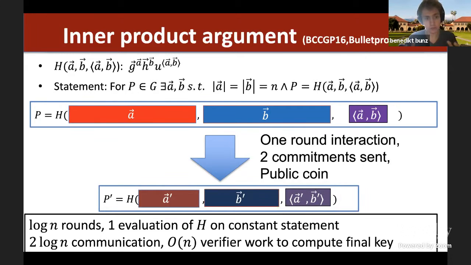After that, you've reduced the statement to a statement about the vectors A prime and B prime, and these vectors are now of half the size. You can run the protocol for a logarithmic number of rounds, and in the end, you have to do one evaluation of H on a constant size statement. The total communication is only 2 log n commitments, so 2 commitments per round and log n rounds.